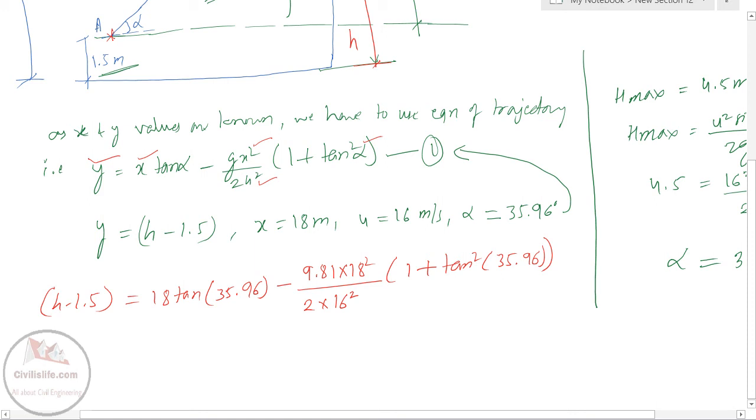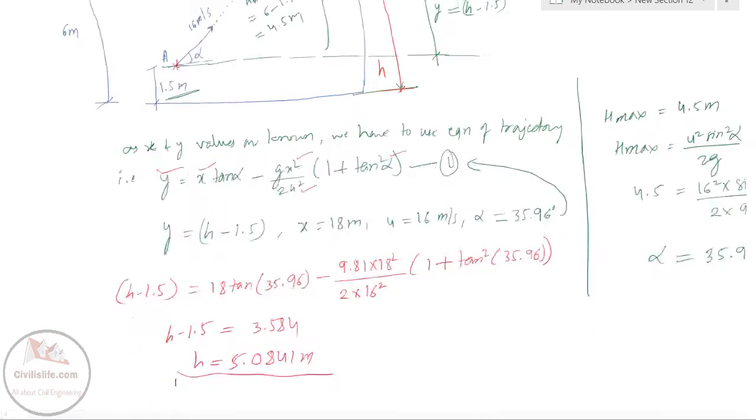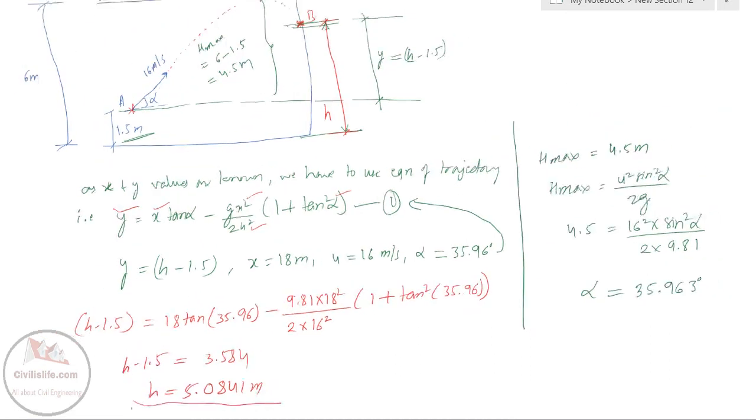On solving this equation, h minus 1.5 is equal to 3.584, and h is equal to 5.0841 meter. So this is the height from the floor where the ball is going to hit the vertical wall.